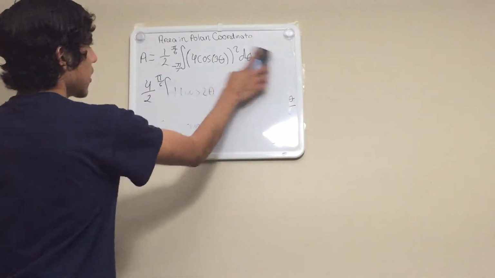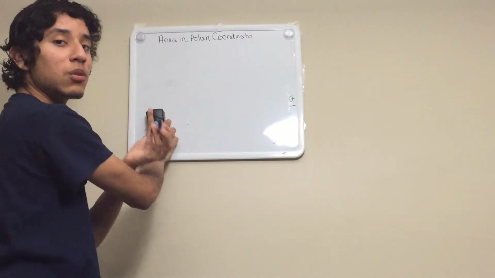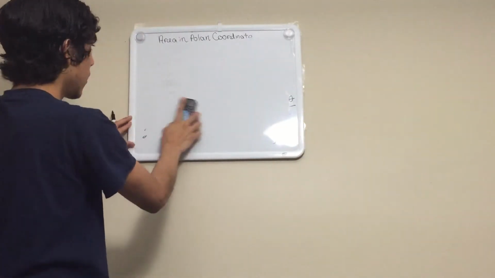That was our first example. Now we're going to move on to finding the area bounded by 2 curves. This was just one curve.